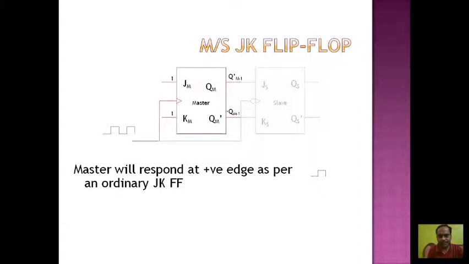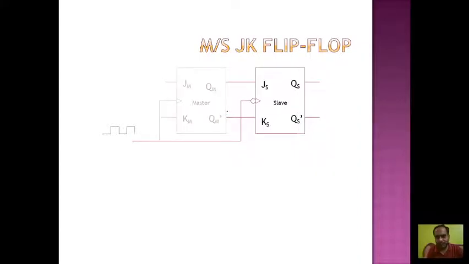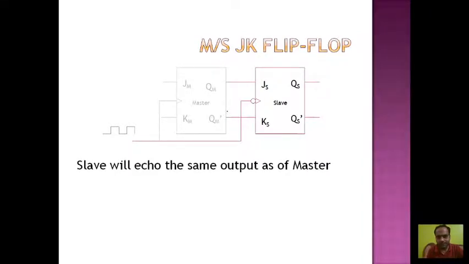Now let's focus on the second part of the component, that is slave. It is called slave because it will follow the output of master flip-flop. As you can see, if the master contains 0 at QM terminal, the QM complement will have 1 at this terminal, because QM complement is always opposite of QM.